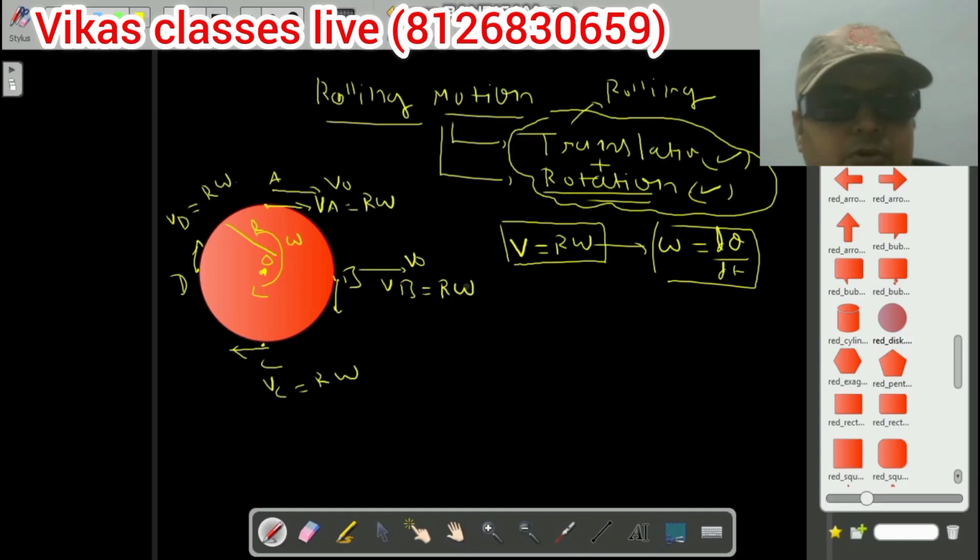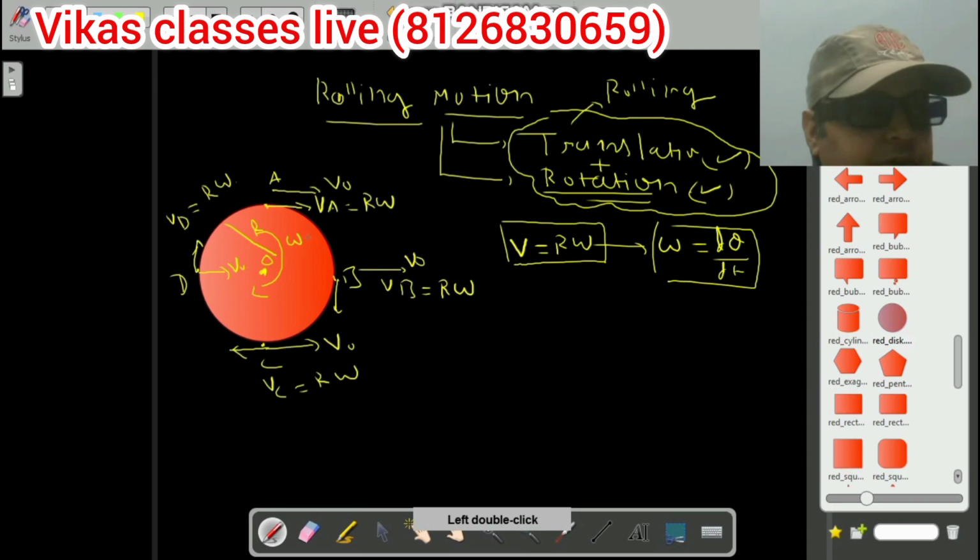It's up to you whether you write v0 or v under cm, the center of mass velocity, and this is v0 and this is v0.